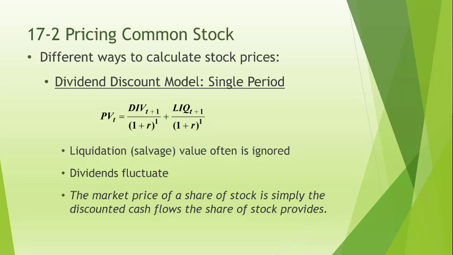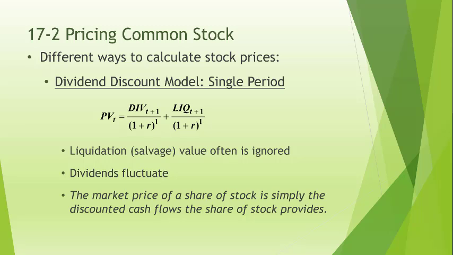So the current value of a share is really the future stream of profits. In other words, to put it another way, the future stream of dividends that you're going to get from holding that share. So we can write that in equation form as the present value, PVT, is equal to the dividends in the next period, if this firm was just existing for one period, plus the liquidation value in that next period.